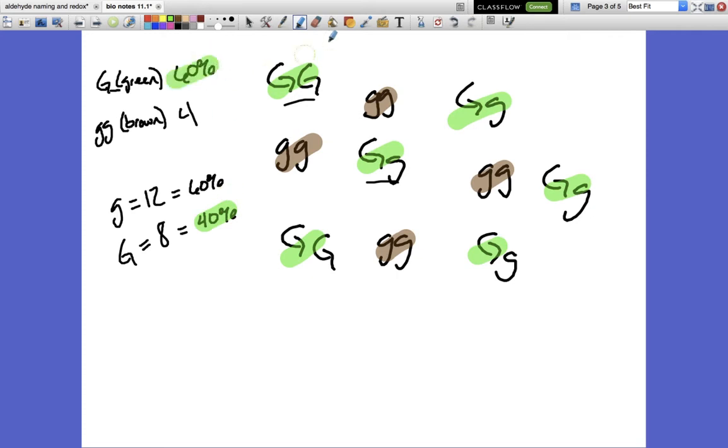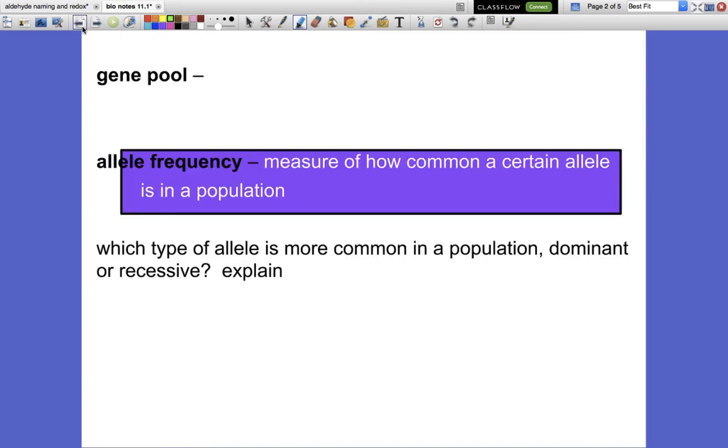But 60% of the population have that green trait. So these stats can tend to be misleading. Just because you see more green doesn't mean that green is the most frequently occurring allele. But sometimes it will be. So it really depends on the situation.